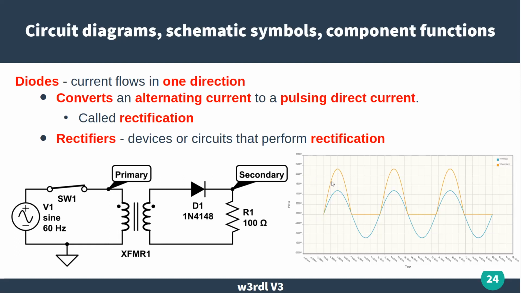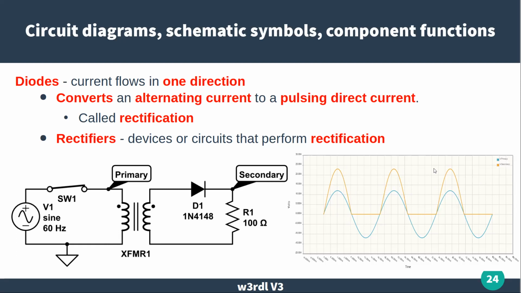Okay, so it's going to pass that positive going cycle, but it's not going to conduct for the negative. So what we're going to see is this pulsing DC waveform. It's going to go from 0 up to whatever the peak is, back to 0, stay at 0 for the negative half of the cycle, and then go back again.